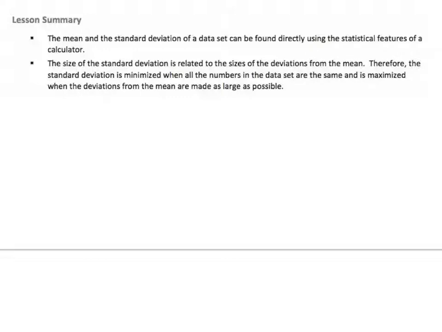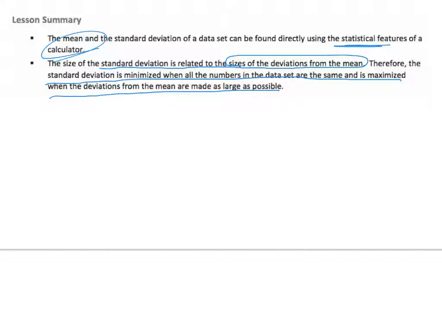Oh my goodness, that's it. What a great lesson. It's tiny. The mean and the standard deviation of a data set can be found directly using statistical features of your calculator. The size of the standard deviation is related to the sizes of the deviations from the mean. Therefore, the standard deviation is minimized when all the numbers in the data set are the same and is maximized when the deviations from the mean are as large as possible.